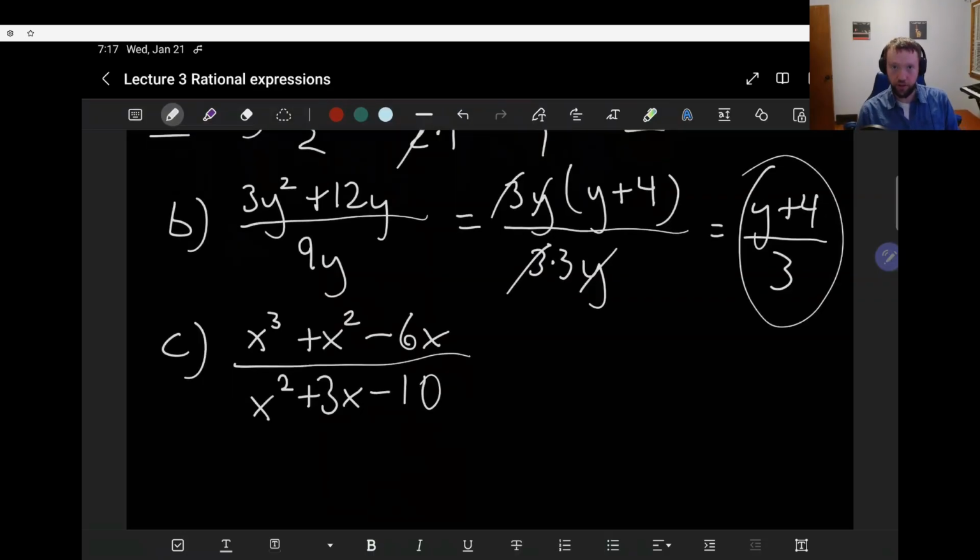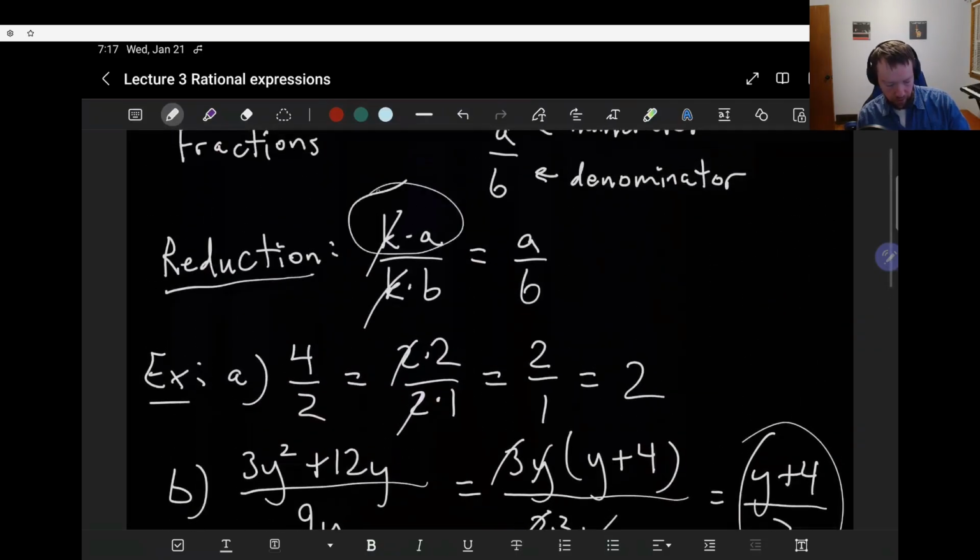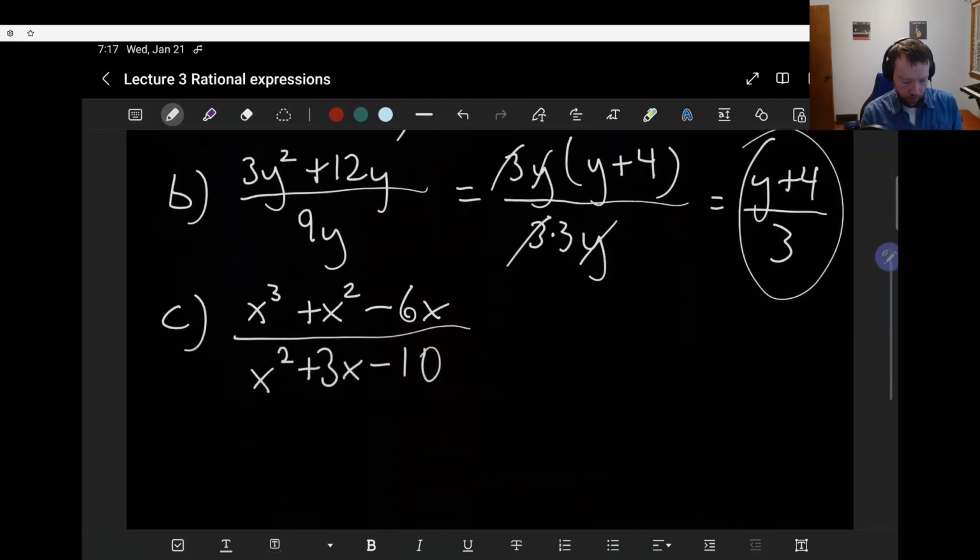This doesn't look very reducible to me, because we expect to see products, some number times another, or some polynomial times another. We don't really see that here. We see terms; we're adding and subtracting. So it's not immediately clear how this reduces, but it does. You just have to factor first. We're going to do that for both the numerator and denominator.